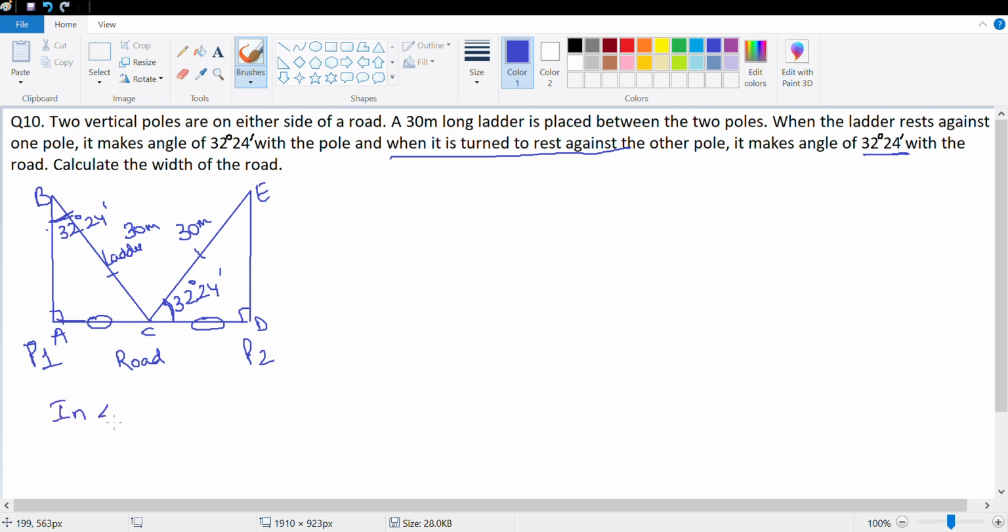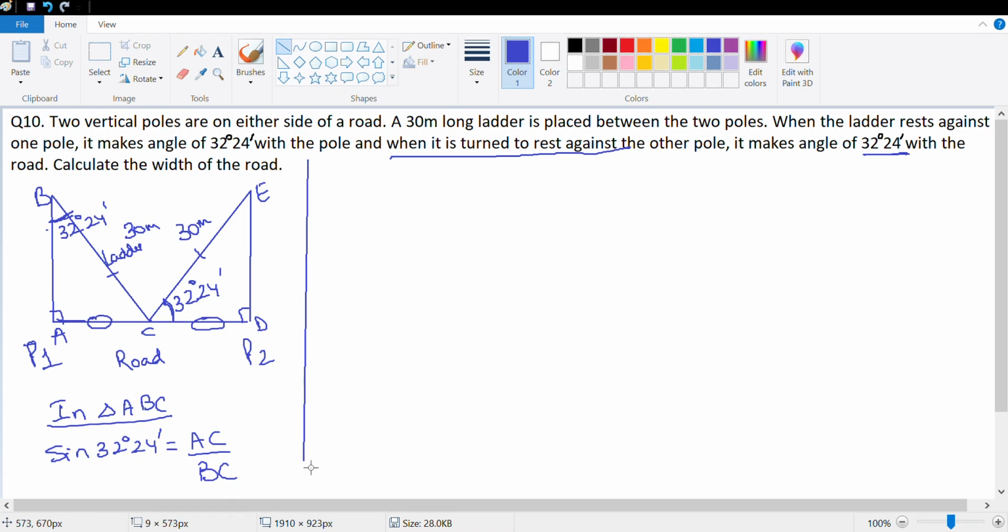So in triangle ABC, sine 32 degree 24 minute would be equal to AC upon hypotenuse, which is BC. Now let's look at the value of sine 32 degree 24 minute. This is 0.5358 multiplied with BC. BC is 30, which would be equal to AC.